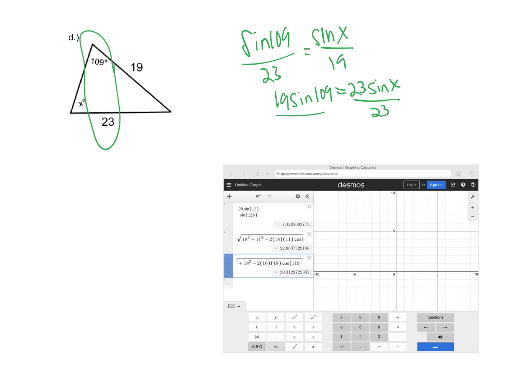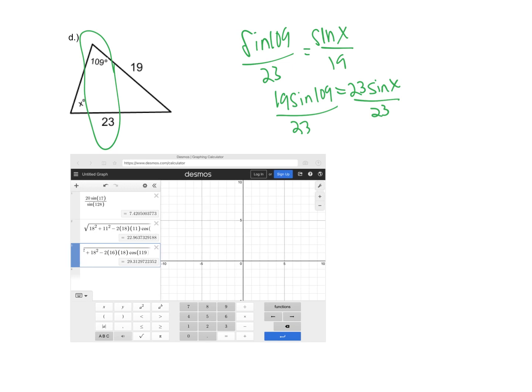Divide by 23 on both sides, and that gives me 19 sine of 109 over 23 is equal to the sine of x. So I'm going to take the inverse sine of both sides. Those are going to cancel.